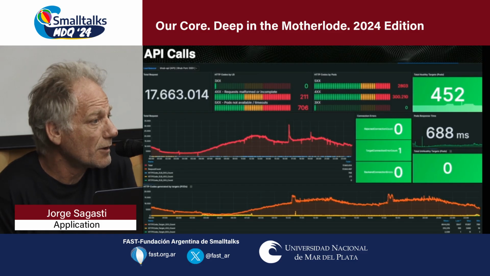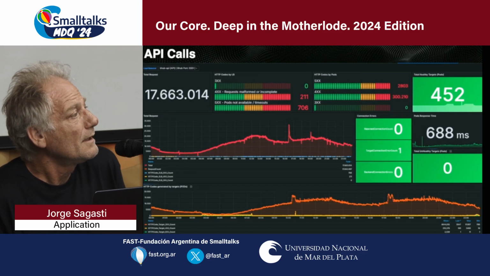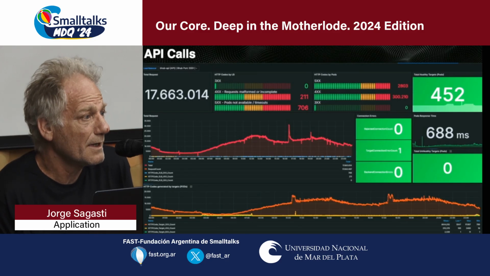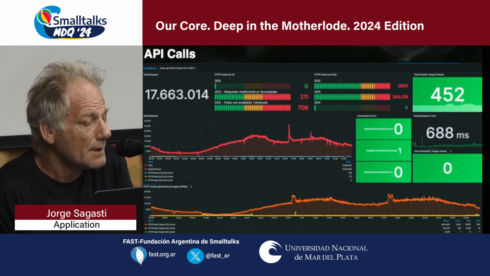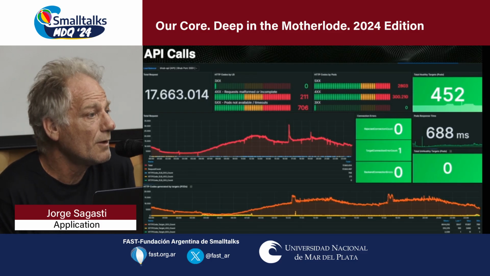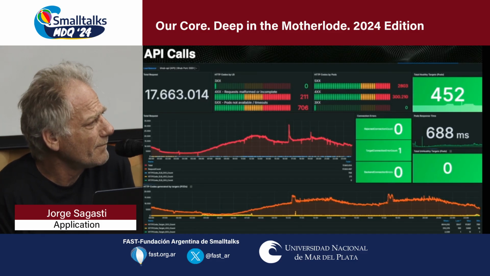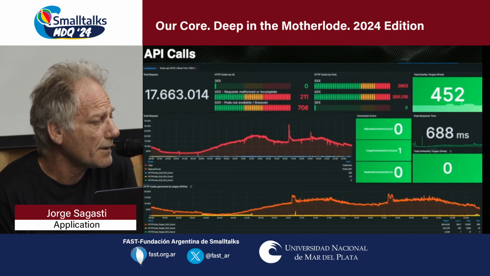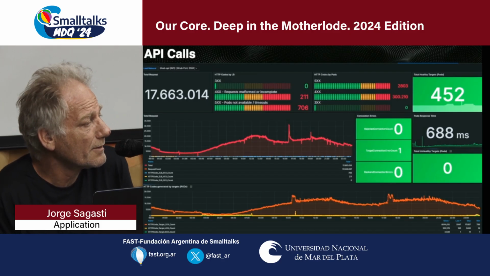We know it's important to not lose a single transaction, and to have a log of everything we do. So we also log the transaction. We have a read-only database and a read-write database, and we manage all our transactions.